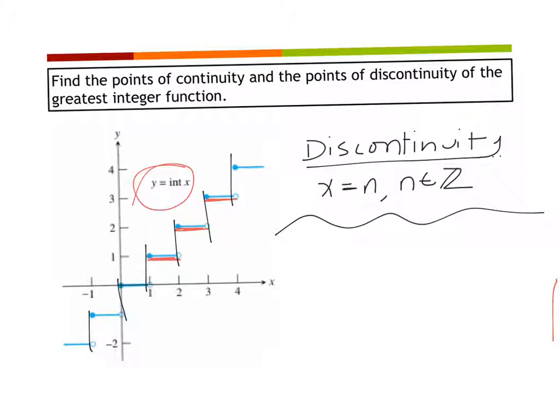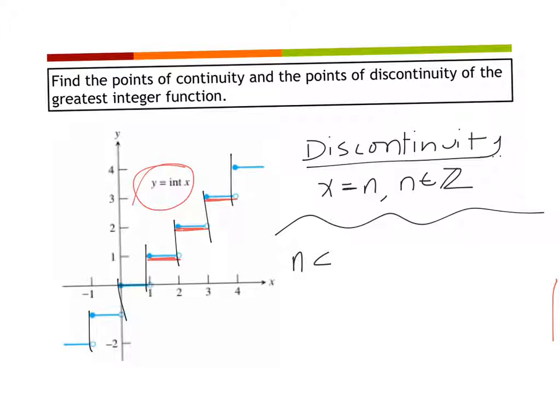Okay. So we would say that here it's every integer value, and writing the points of continuity, you'd have to write something similar. It would be ugly, to be honest.